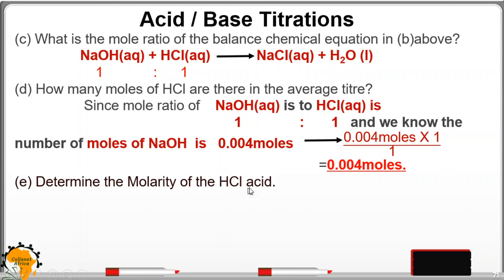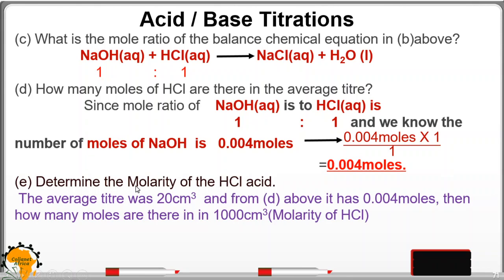E. Determine the molarity of the HCl, the acid. Here we are being asked about the molarity. We know about the average titer and we have the number of moles of HCl. So molarity, remember, is always in 1,000 centimeters cubed, and we are also looking at the number of moles.